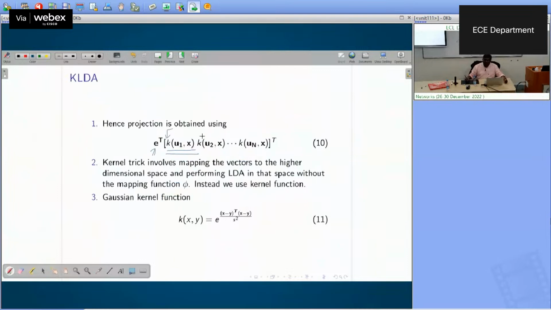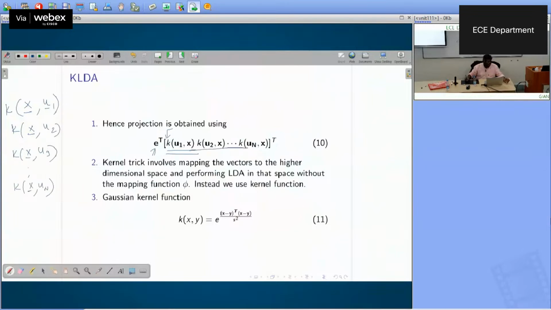But if I want to map an arbitrary vector x, what are the steps? You don't need to use phi of x. You simply construct the kernels: k of x comma u1, k of x comma u2, k of x comma u3, like that, up to k of x comma un.